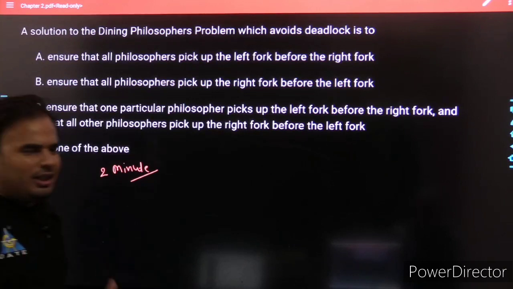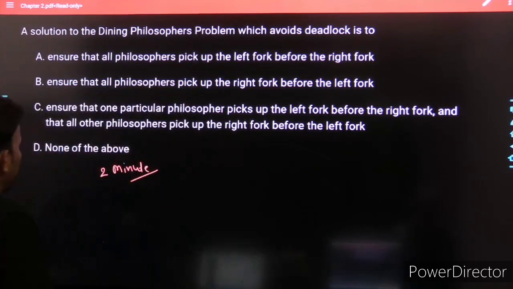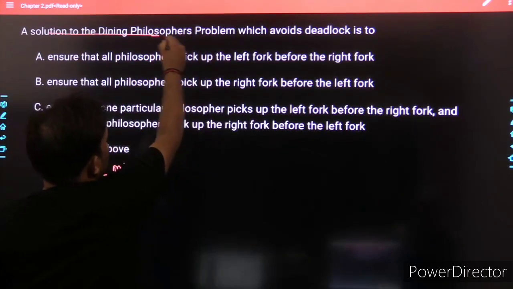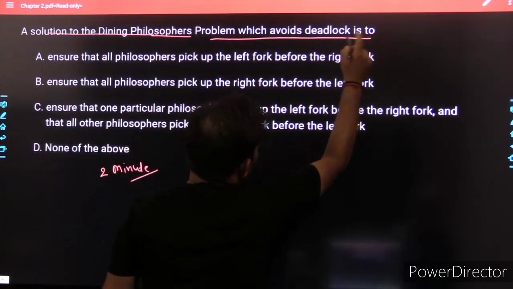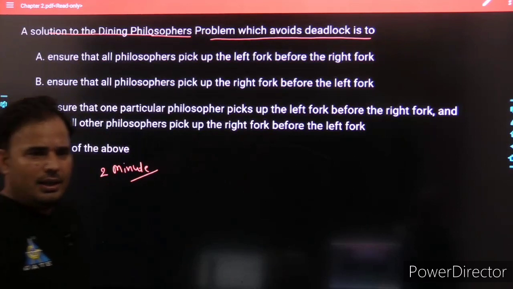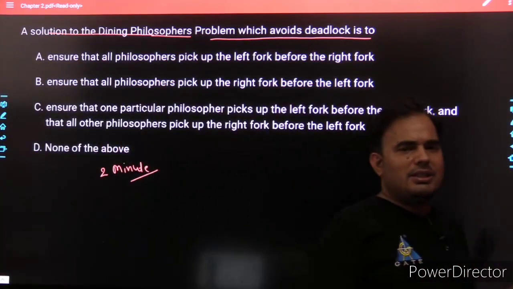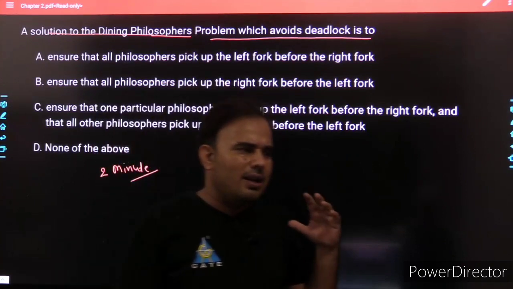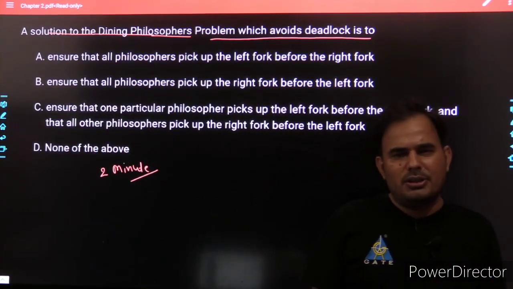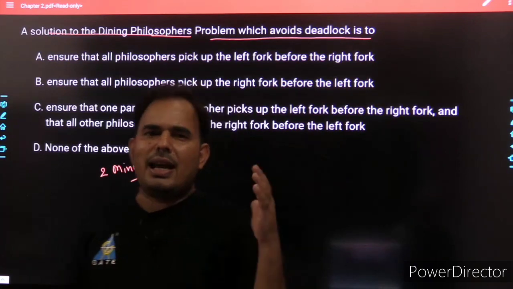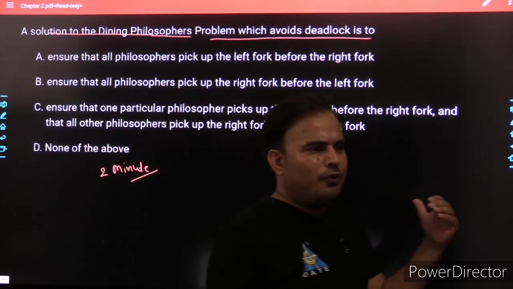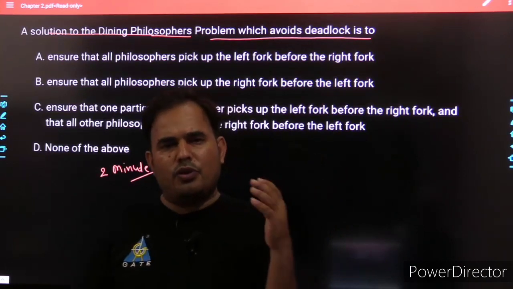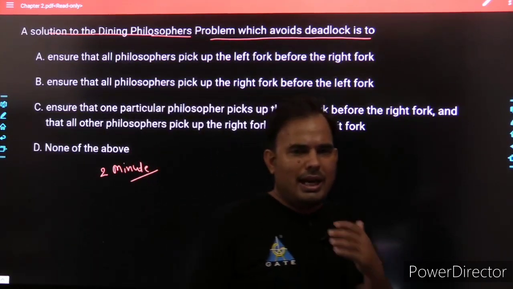So I hope you got the answer. I am going to explain: a solution to the dining philosopher's problem which avoids deadlock is 2. As we have discussed, if there are 10 philosophers, then 9 philosophers pick their left fork first, and after that they pick the right fork.